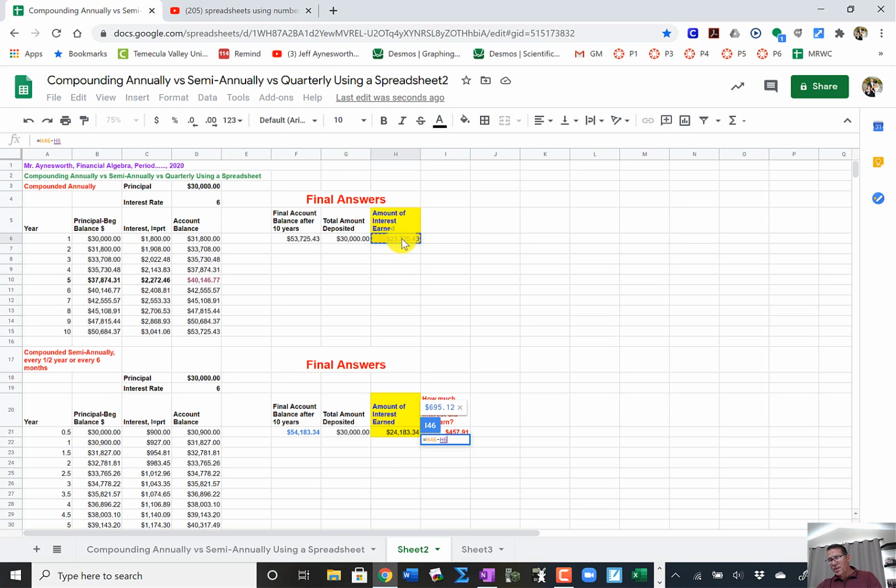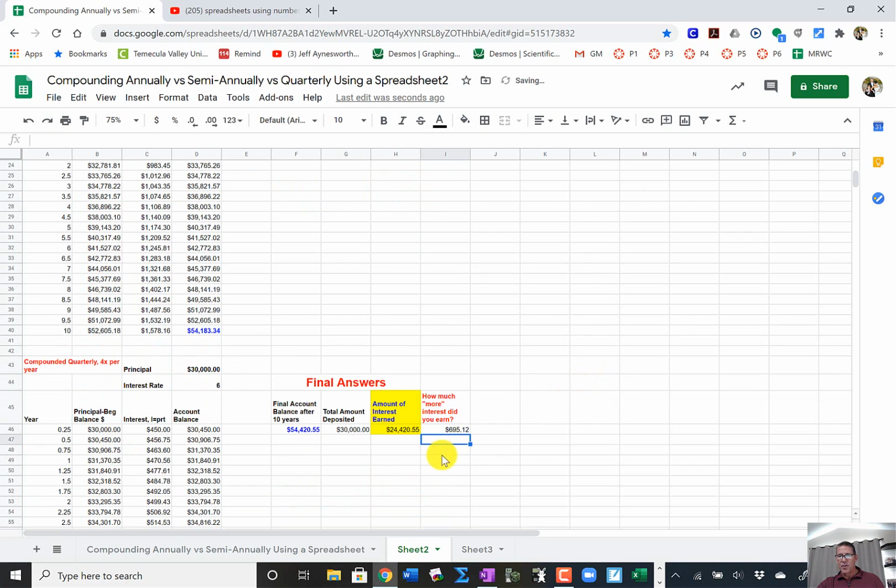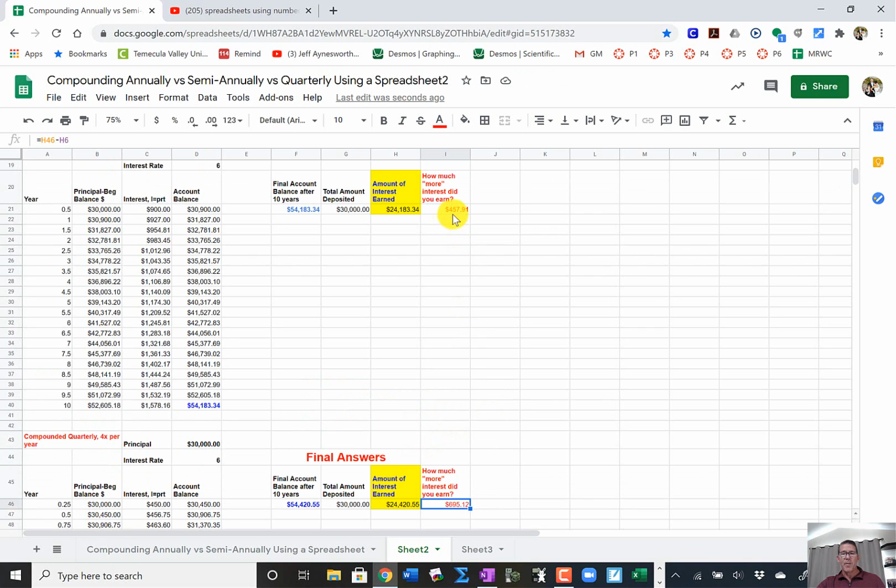So let's type in that one there, click enter, and notice that, let's keep this red. Okay, there we go. So we now have $695.12 more. See, if you compound it semi-annually, you have $457 roughly more. If you do it quarterly, you have almost, wow, look at that, almost $700 more, a lot more.